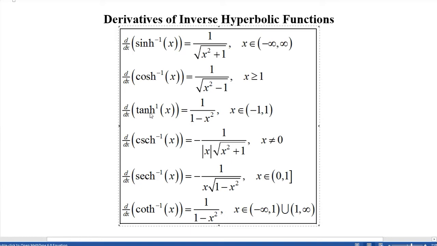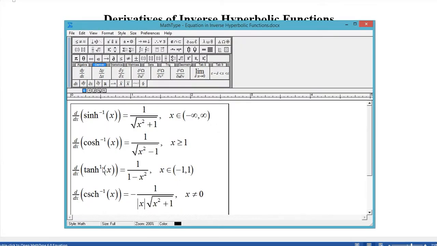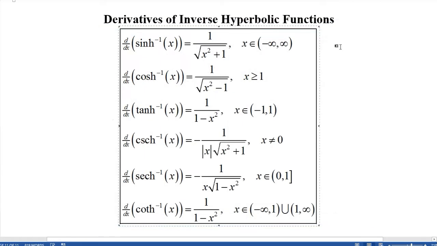The derivative of inverse hyperbolic tangent of x is 1 over 1 minus x squared, and this works between negative 1 and 1, which is kind of already implied by the formula there. The derivative of hyperbolic cosecant inverse of x is negative 1 over absolute value of x times the square root of x squared plus 1.